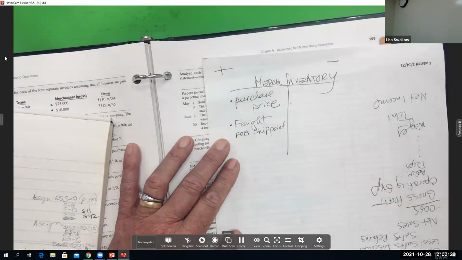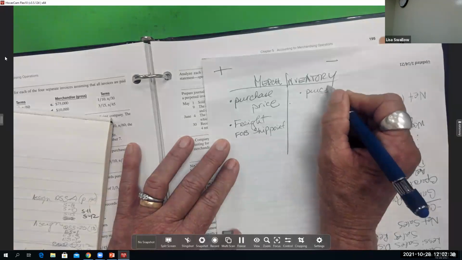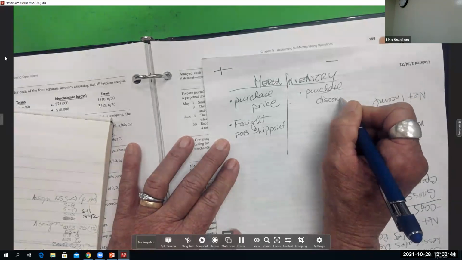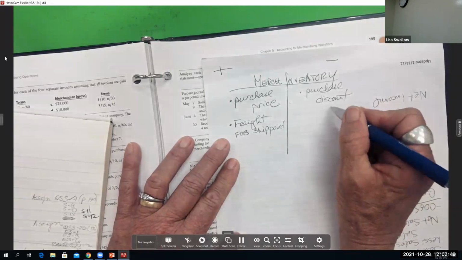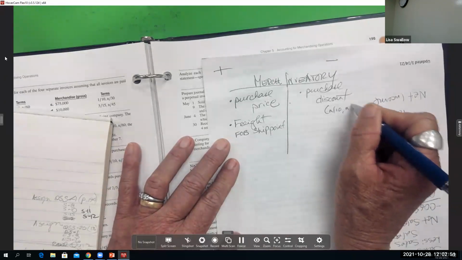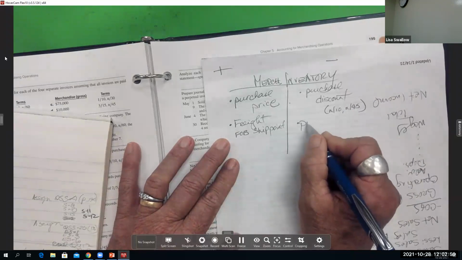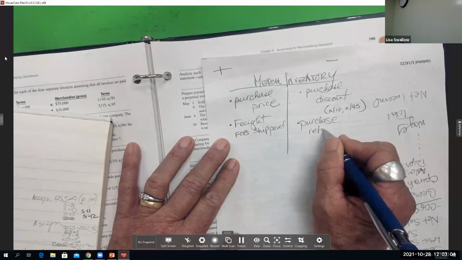What are the 2 things that can decrease the cost in merchandise inventory? Purchase, so let's do this one first. Purchase discount, right? I pay within the terms. 2/10, net 45 or something, and I pay within 8 days. That's going to decrease the price per unit. And then absolutely any purchase returns.